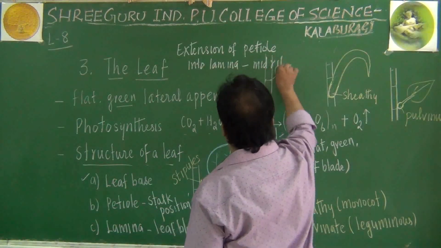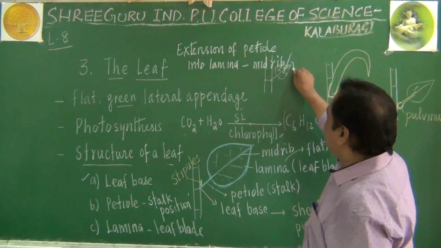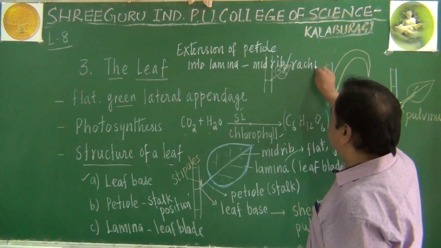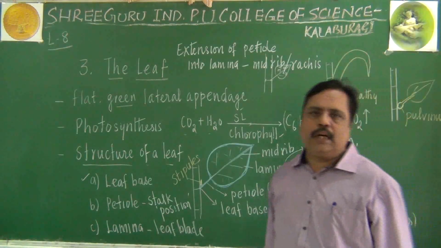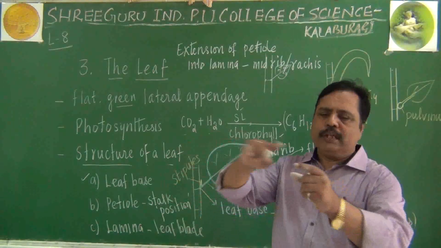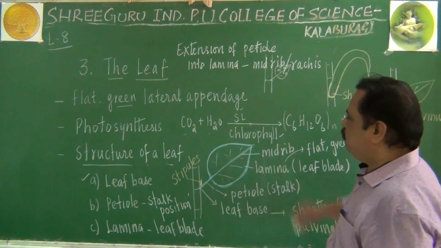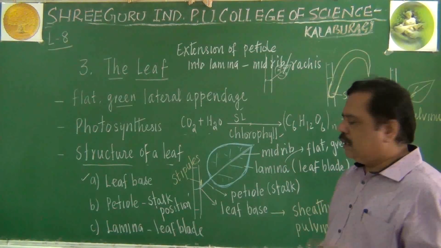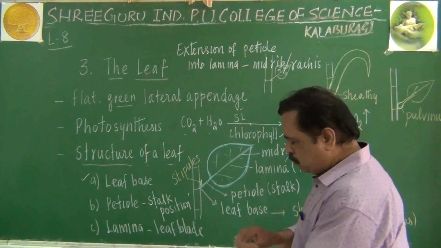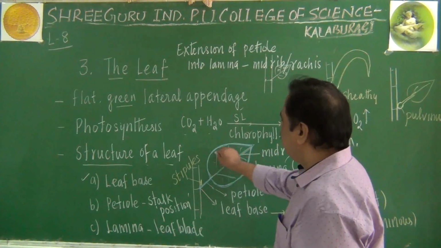So that is the midrib, which is also called as rachis of the leaf. Rachis, R-A-C-H-I-S. Remember these words. So extension of petiole into the lamina is called midrib or rachis. Further, this midrib will be producing several branches like this into the lamina.